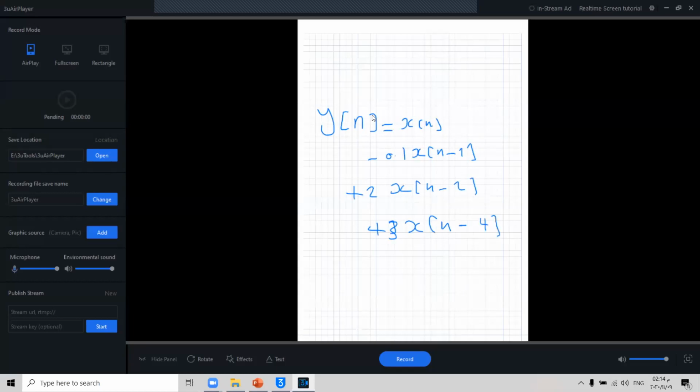Okay, now this is a difference equation. This is called a difference equation. Well, now this difference equation really characterizes the relation between input and output.